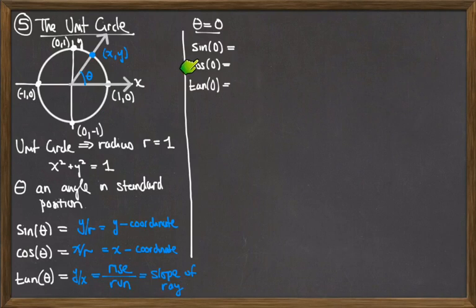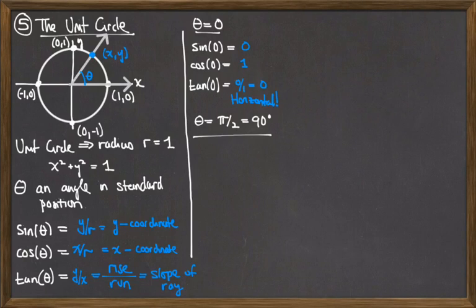By construction, sine of theta is the y-coordinate, and we just read that off from our point. It is 0. Cosine of theta is the x-coordinate. I just read that off. It's 1. And tangent, on the one hand, is y over x, so it's 0 over 1. And if I divide into 0, I get 0. That should make sense as the slope, and in fact, this line here, determined by the ray, is horizontal, and horizontal lines have a slope of 0.